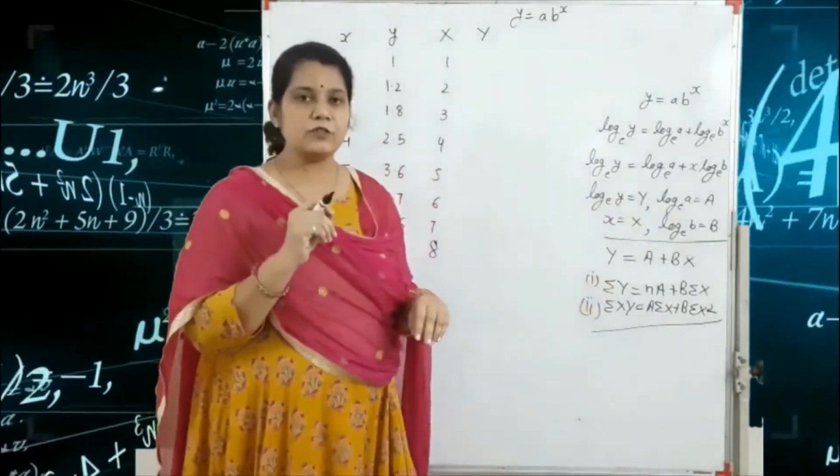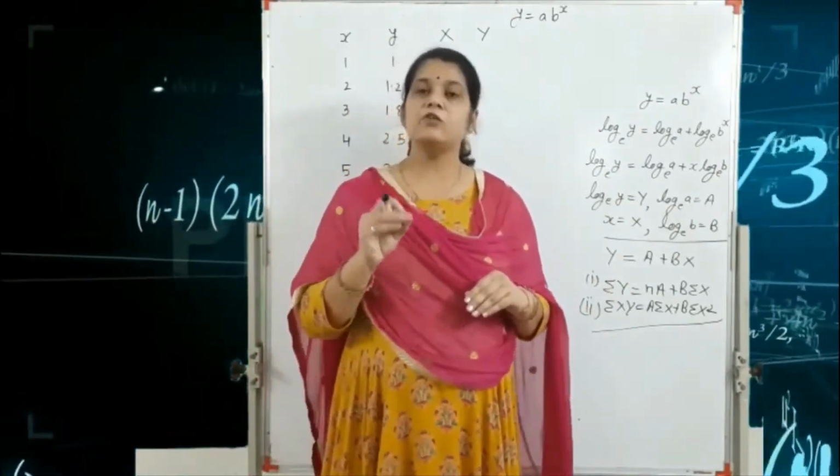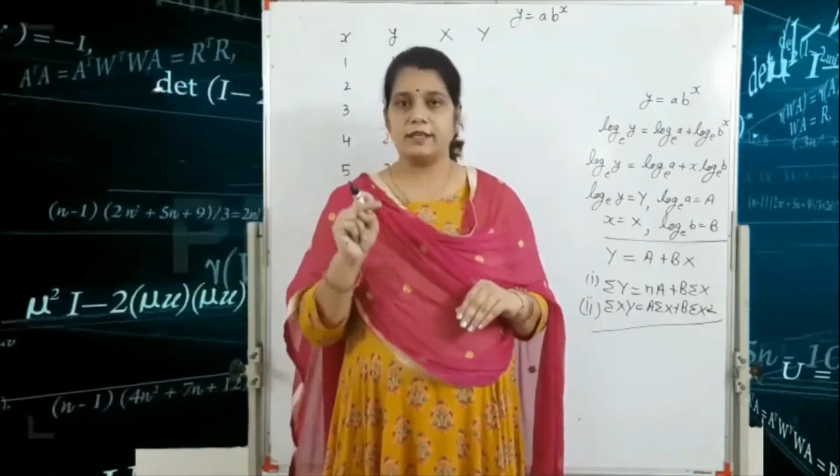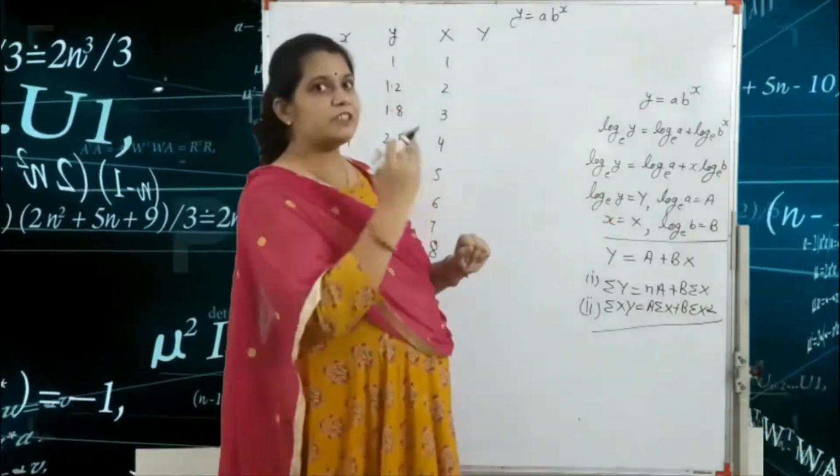So in our calculator we use the ln. If we find the base 10 value, then we use the log in our calculation. Okay, so here the value of y is converted to the capital Y.